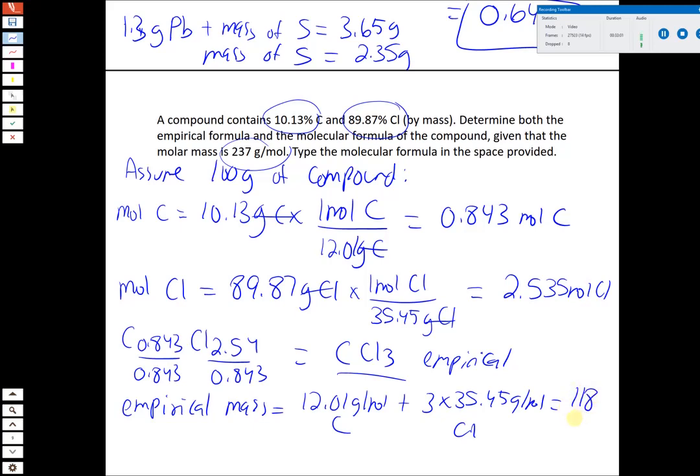We don't have to be that precise here. And then we take the molar mass, which is 237, divided by the empirical mass.